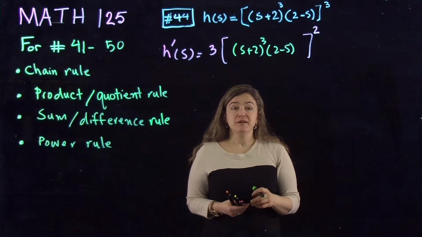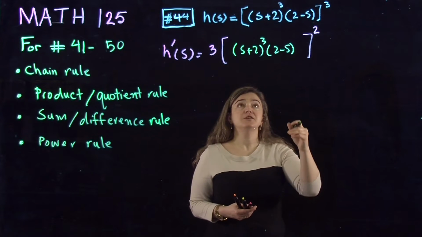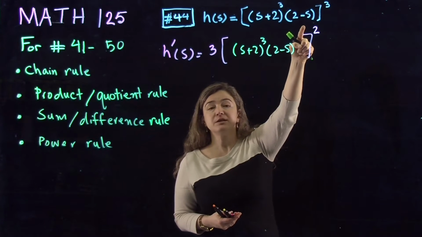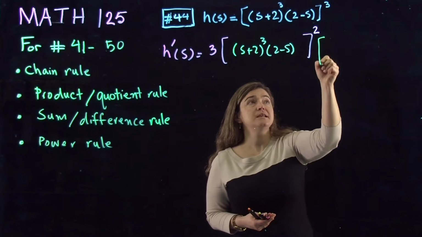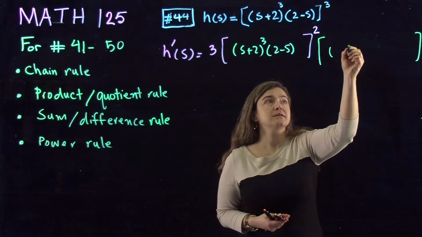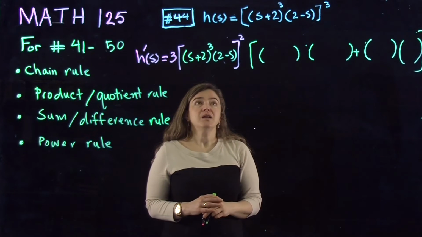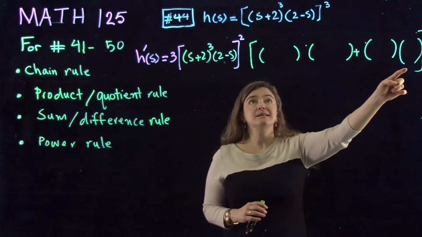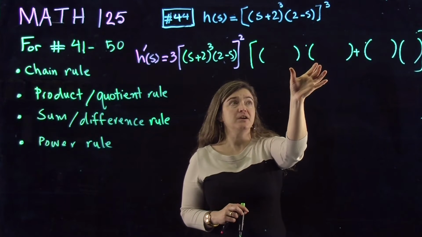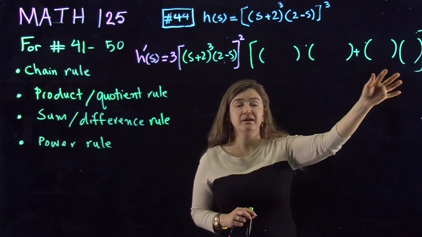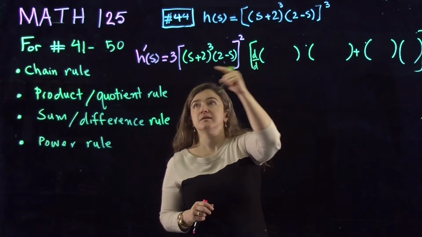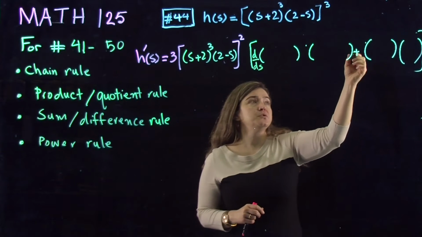Then we put the inside function unchanged into the derivative of the outside function. Then we want to take the derivative of the inside function. The derivative of the inside function is going to require a chain rule. So the first thing that I do is put this in form of 4 parentheses. Remember that each product in the 2 pairs of product has to contain a derivative, and the derivative is with respect to s.